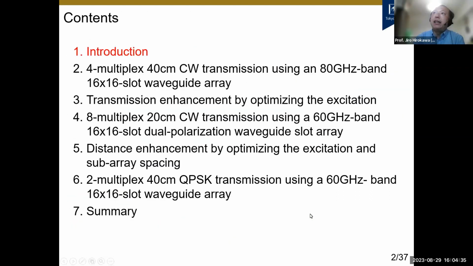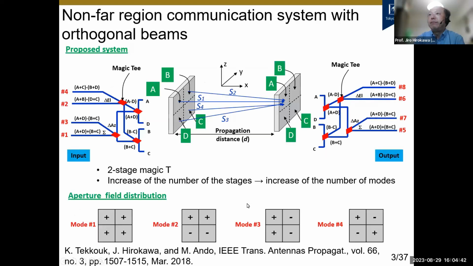The following are the contents of my talk. At first, I talk about the introduction. As I explained before, this is the system configuration. The radiating array is divided into 2x2 subarrays, and these 2x2 subarrays are fed with two-dimensional monopulse circuits.